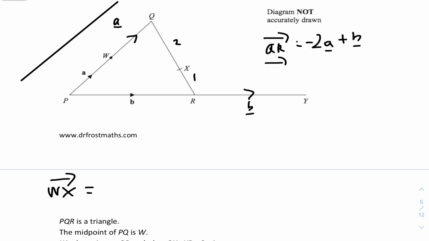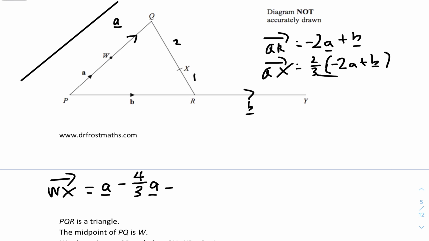And QX, you know that X is 2/3 away down. So it'll be 2 over 3 times minus 2A plus B, like so. So WX is equal to A from here minus 4 over 3A plus 2 over 3B.